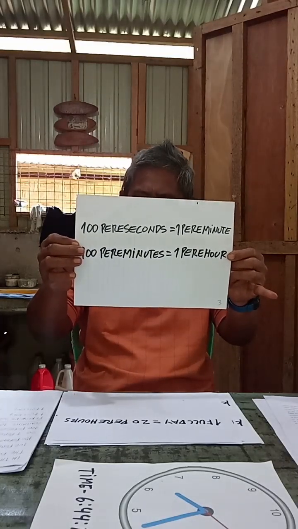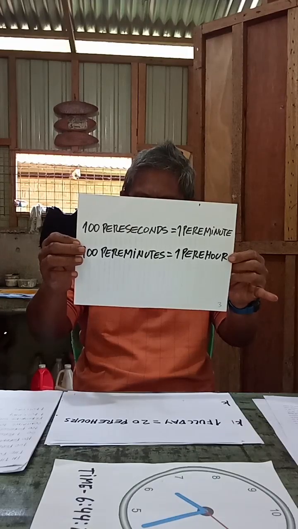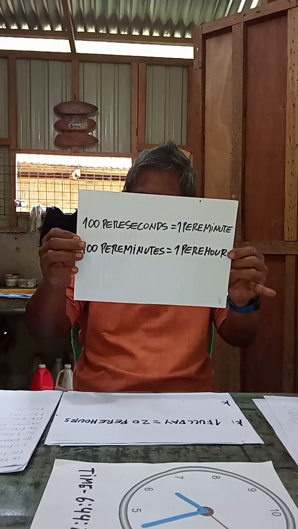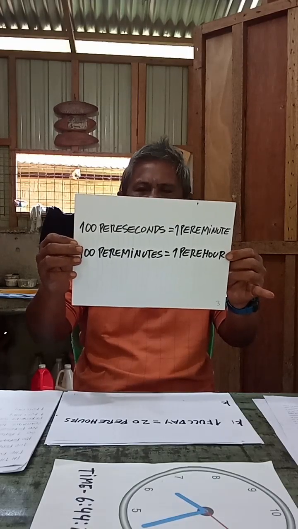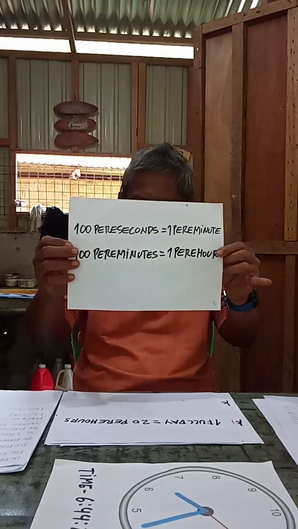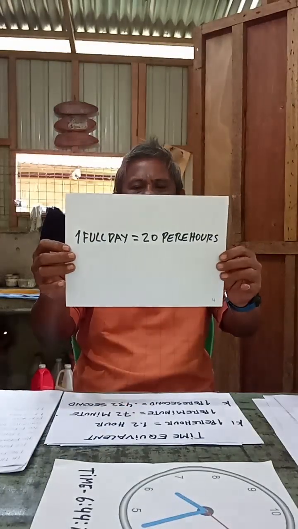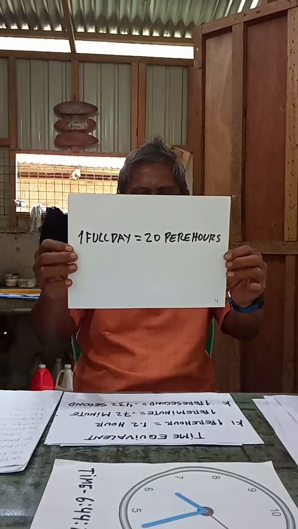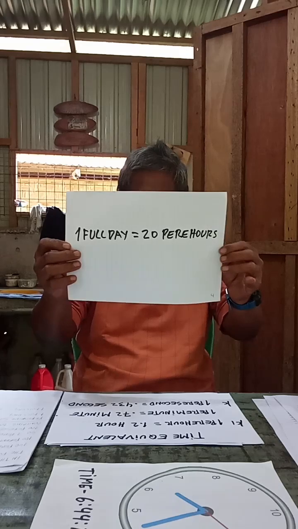So, 1 periminute contains 100 periseconds, and 1 perihour contains 100 periminutes.